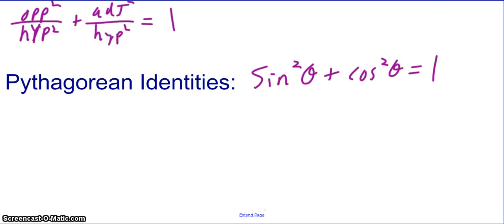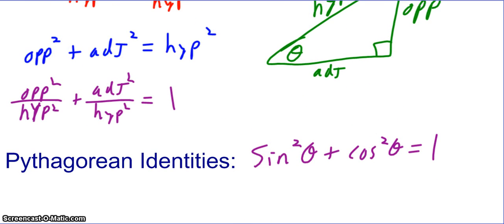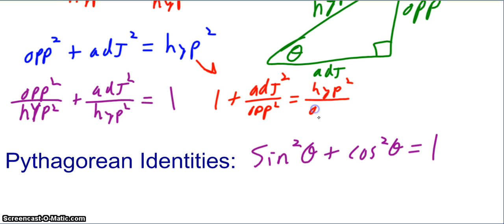There's 2 ways in which we can do that. One, we can go back to what I did up here. With my Pythagorean theorem written in terms of opposite, adjacent, and hypotenuse, what if instead I divide everything by opposite squared? This will become 1 plus adjacent squared over opposite squared equals hypotenuse squared over opposite squared.